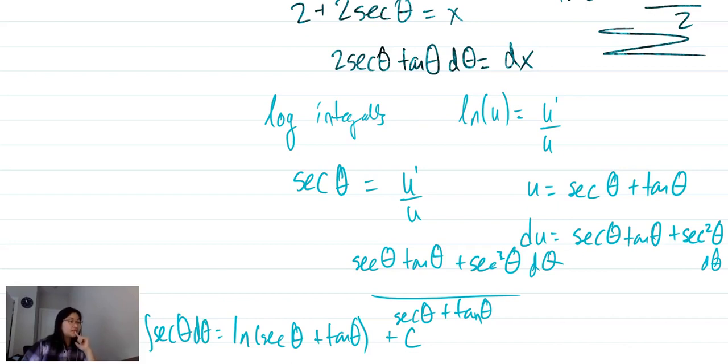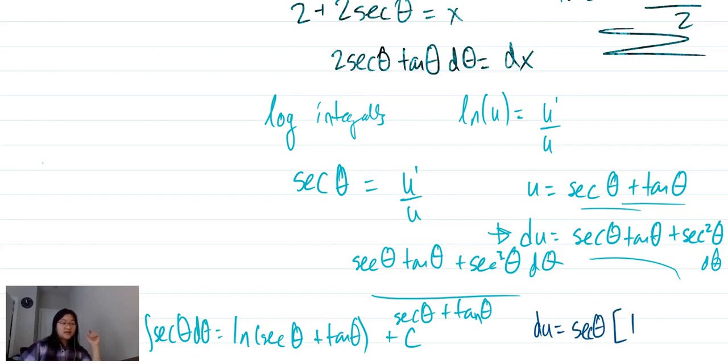Natural logs. So, just to clarify, if we're looking at the derivative of secant theta plus tangent theta, then we get this. So that means that du is going to be secant theta times tangent theta plus secant squared theta, with our d theta tagging along.